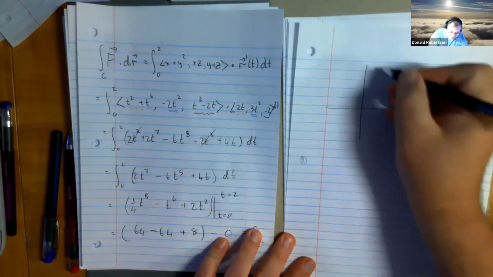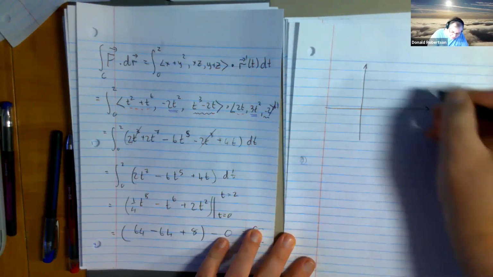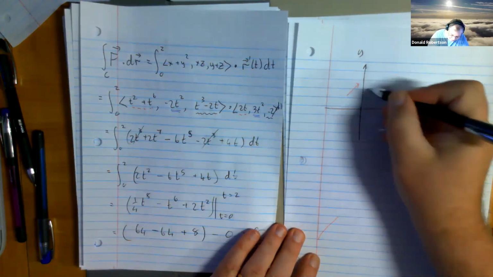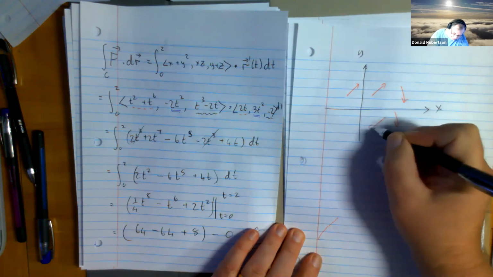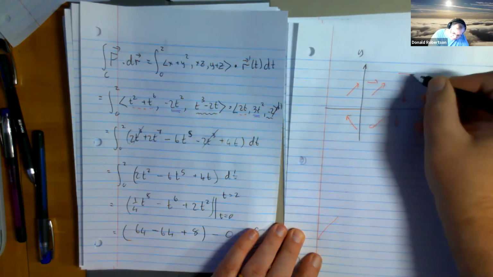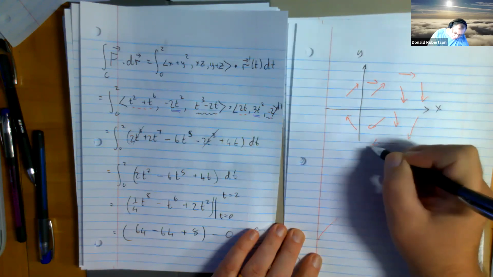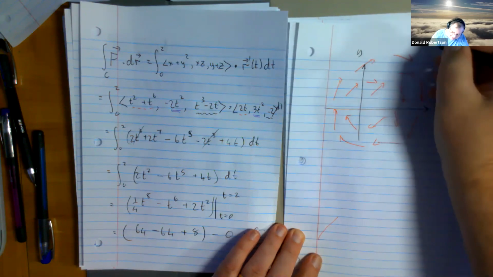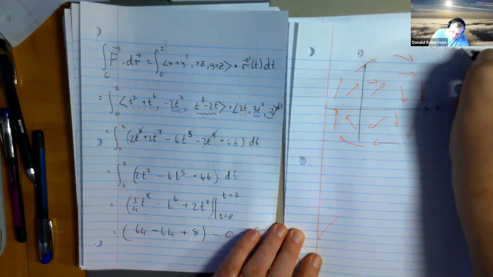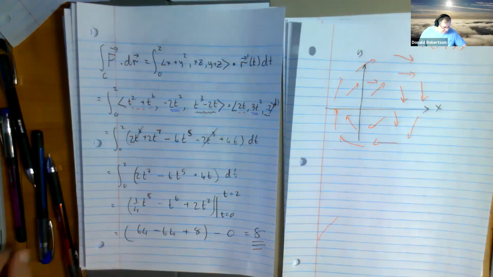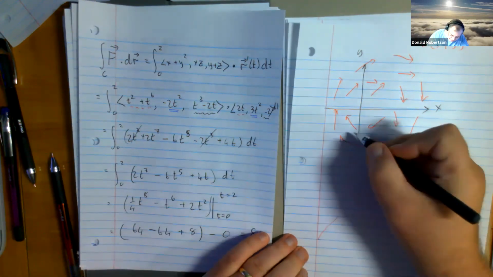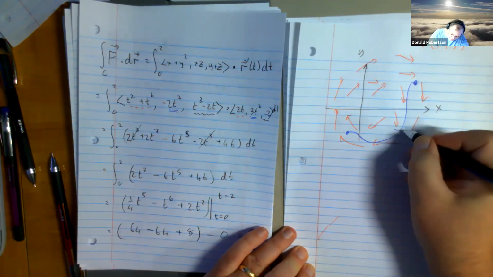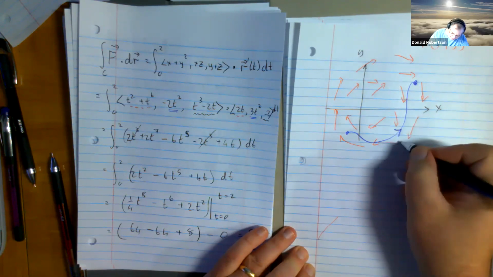I want you to imagine, and this is going to just be a 2D version of the same situation, that we have this guy, your vector function, right? And you have a curve C that might start here and end up here, right? And you travel along it in that direction. And that's your curve C.